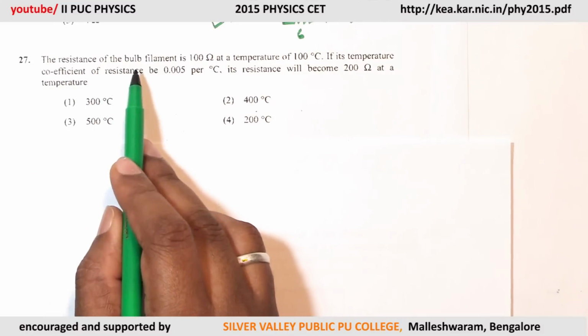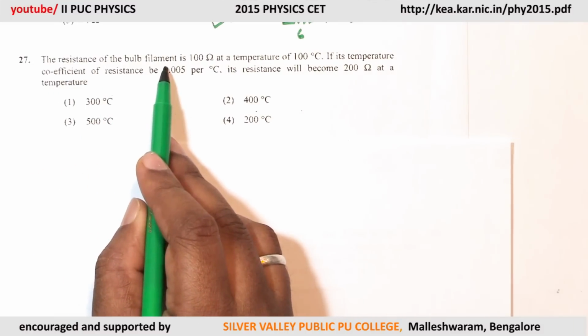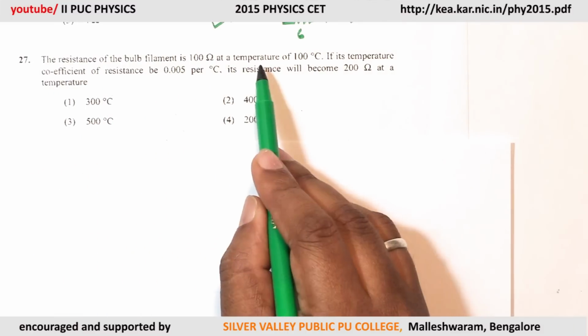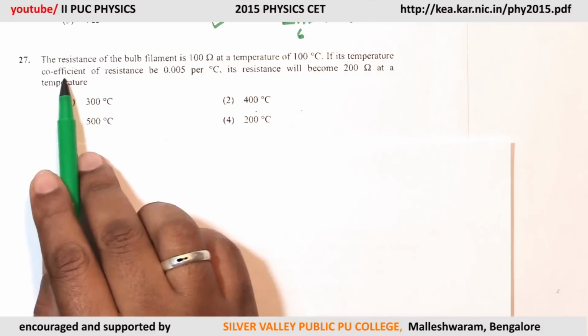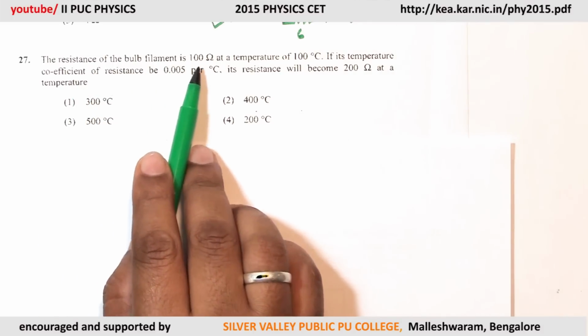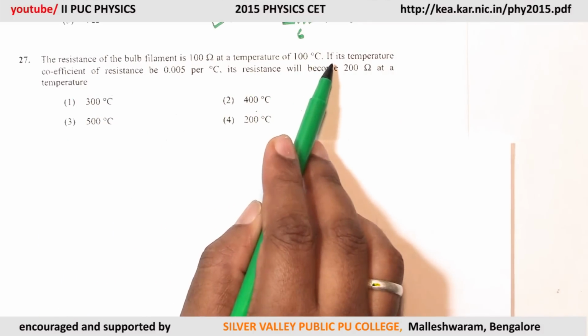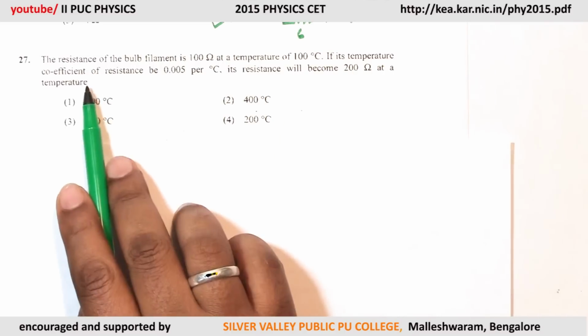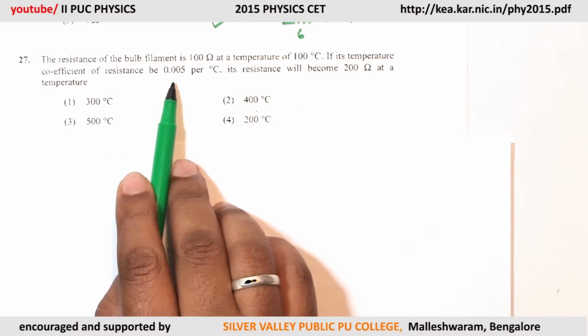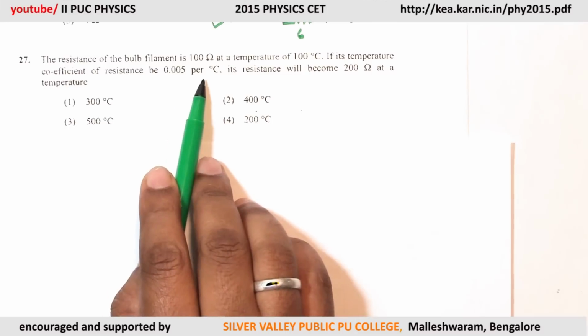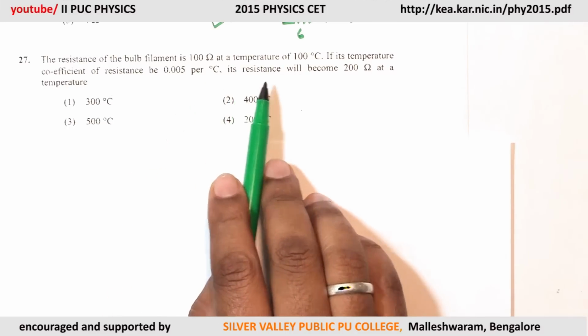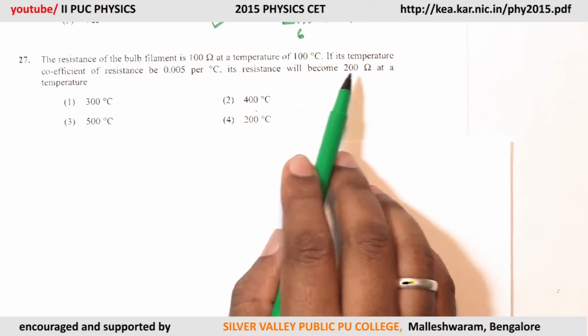The resistance of a bulb filament is 100 ohm at 100 degrees Celsius. If its temperature coefficient of resistance is 0.005 per degree Celsius, its resistance will become 200 ohm at what temperature?